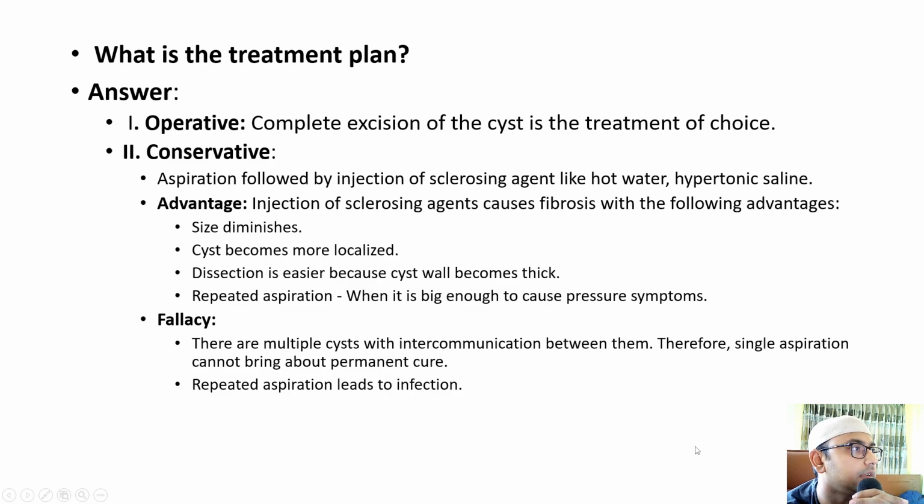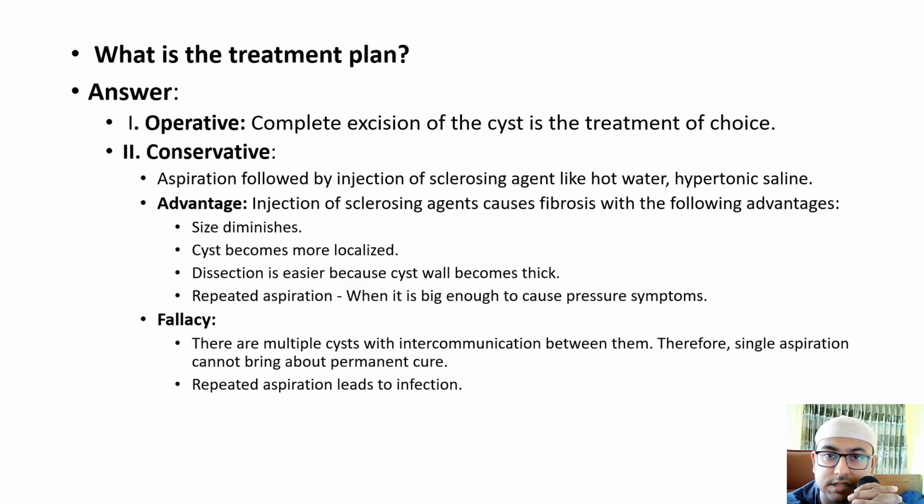What is the treatment plan? Treatment is operative and conservative. Complete excision of the cyst is the treatment of choice. If it cannot be resected due to extension or involvement of vital structures like nerves and blood vessels, then conservative treatment is used: aspiration followed by injection of a sclerosing agent like hot water or hypertonic saline.